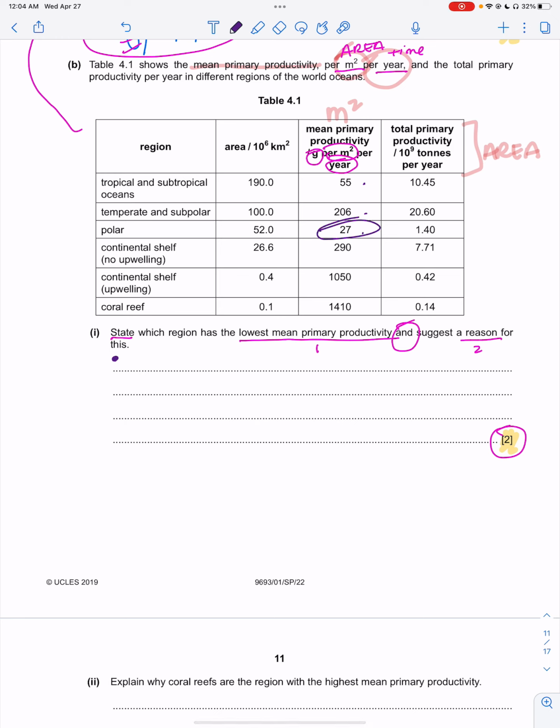Cool. There you go. So it's going to be polar. And then the reason, it's a polar climate, it's a polar biome. There's lower light penetration. Sometimes there's not even any light. And if you're not going to have any sort of light, then you ain't going to have photosynthesis. And if you're not having photosynthesis, then your productivity is really low.